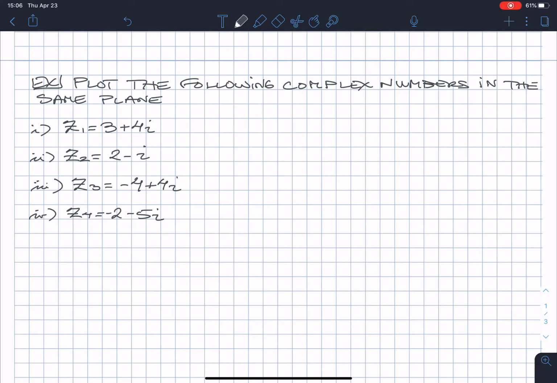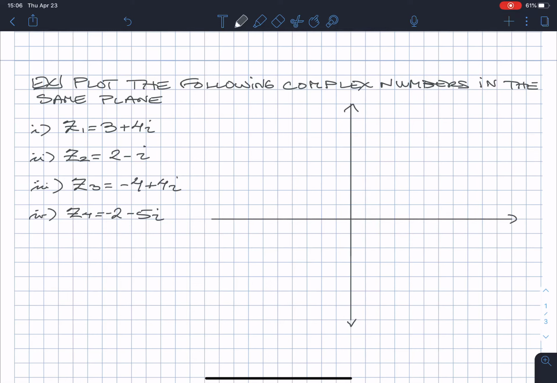Okay. So now I've got my x iy coordinate plane. This is the complex plane. I need to make this a bit longer. Okay, so here we are.